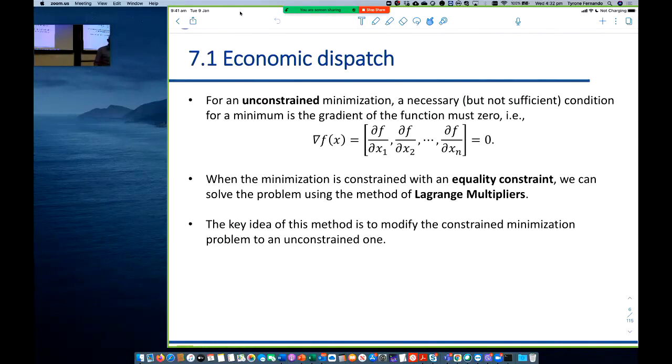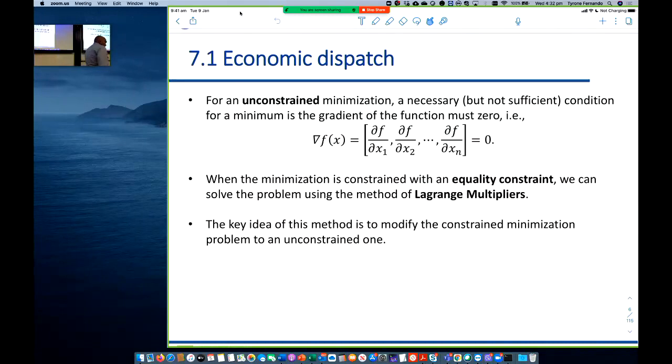Unconstrained optimization requires that the partial derivative of f with respect to x1 must be 0, and the partial derivative of f with respect to x2 must be 0. In other words, that's what we call the gradient of f. The partial derivatives with respect to all the variables must be 0, which is the gradient of f must be 0. Grad f must be 0, right? So that's the unconstrained optimization.